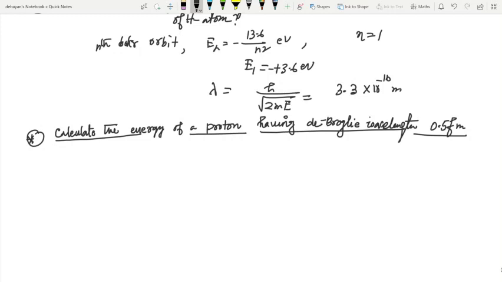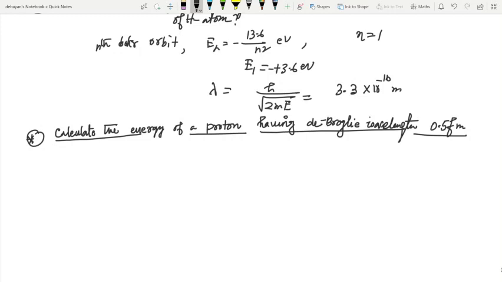Now remember that when this particular case occurs, use the formula of the theory of relativity. According to the theory of relativity, we know that E squared equals p squared c squared plus m naught squared c to the power 4. That is the basic formula.